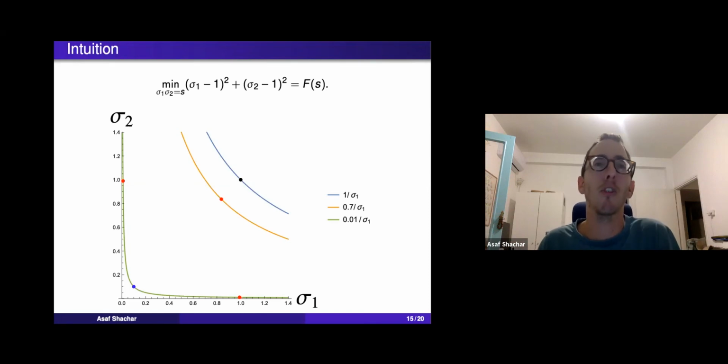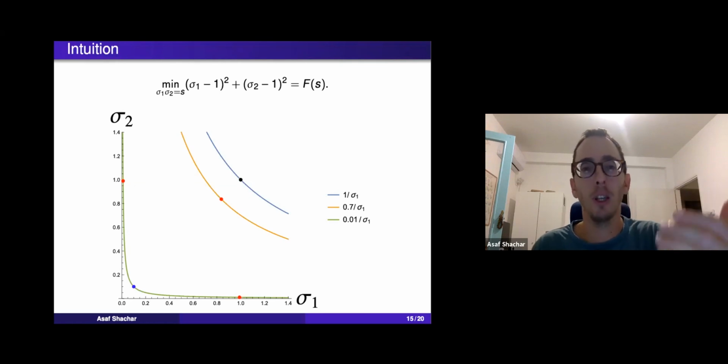So a naive guess would be to try uniform sharing of the load, to choose sigma 1 equals sigma 2 equals the square root of S. And this indeed gives the optimal point when S is not too small. I mean, let's think of this geometrically. We are looking at the graph of sigma 1 sigma 2 equals S, and we look for the closest point on this graph to the point (1, 1).